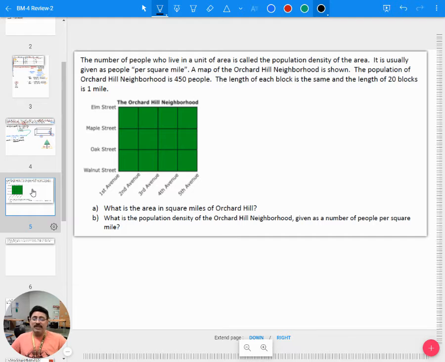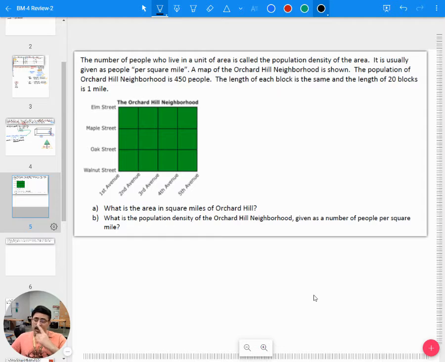This is also population density, but it is slightly different, and maybe a little difficult too. Let's go to the question really quick. The number of people who live in a unit area, like a housing complex, is given: the Orchard Hill neighborhood.